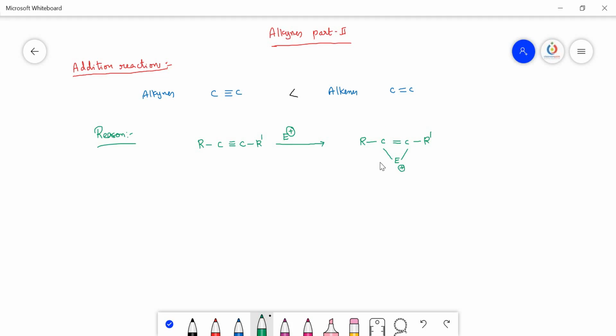So this is the intermediate formed when alkynes participate in the electrophilic addition reaction. Later the nucleophile will attack. That is a different task. The nucleophile may attack this position or that position to open this structure. Imagine if it attacks this position, then we will get this type of structure.